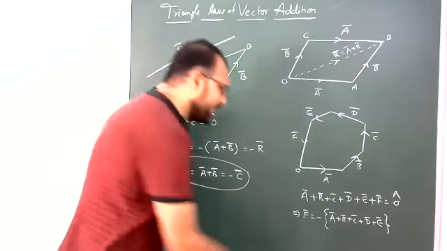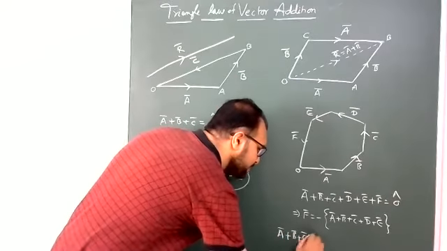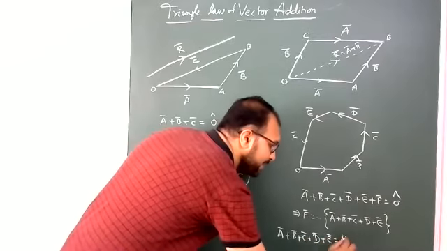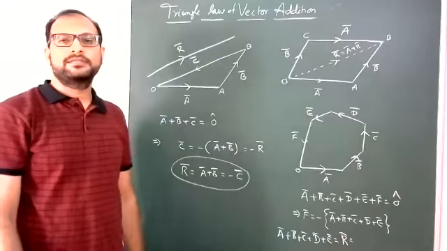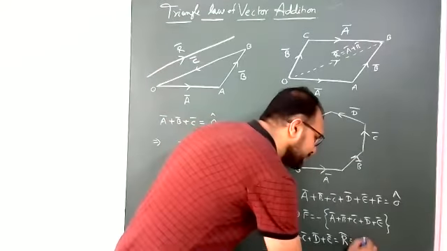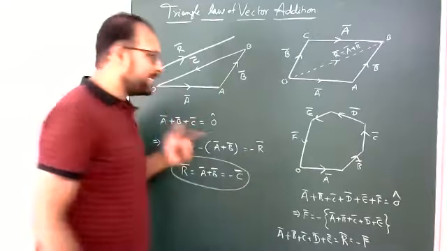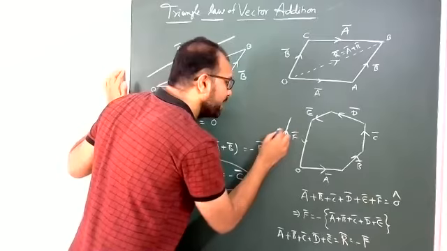So you can write A bar plus B bar plus C bar plus D bar plus E bar is nothing but the resultant of all these five vectors. That resultant is minus F bar. This is F bar, right? Minus F bar means like this. This minus F bar is R bar.